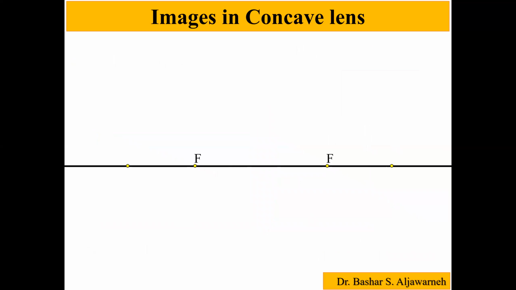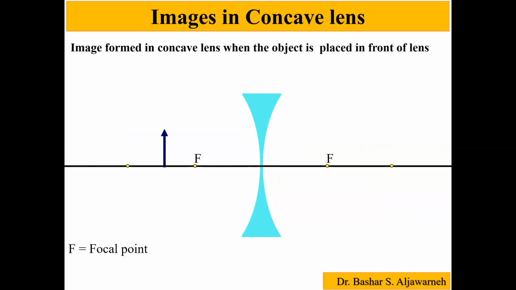Let me use the same procedure to see where the image can be found for the concave lens. This is my object, and the distance from the lens to the object is d sub o, the object distance. Take a ray, as you can see here, parallel to the main axis, and the refracted ray goes something like this.